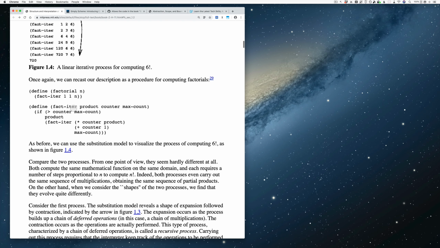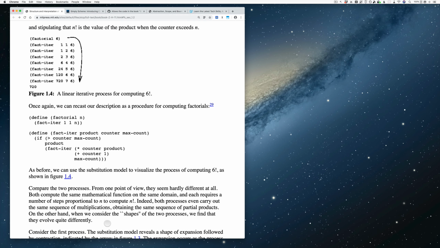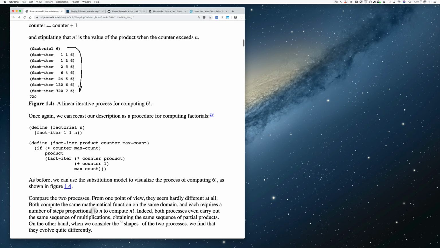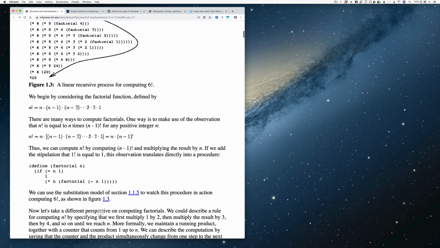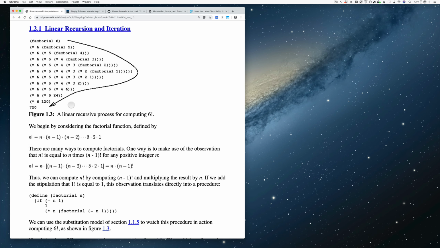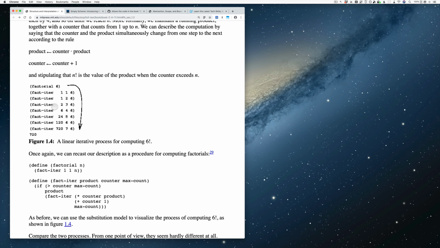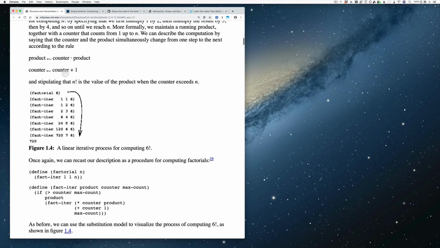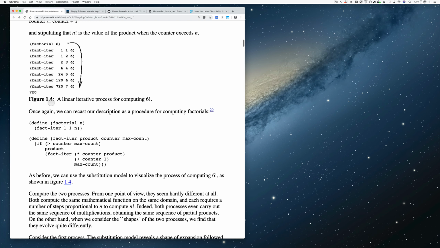Right, so they want us to compare the shapes of the two processes that we've considered for figuring out factorials. The n times n minus 1 method over here, and the counter product multiplication method over here.